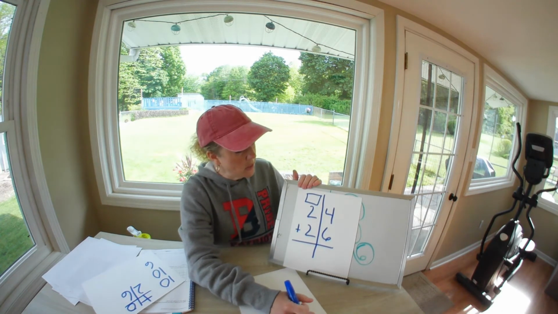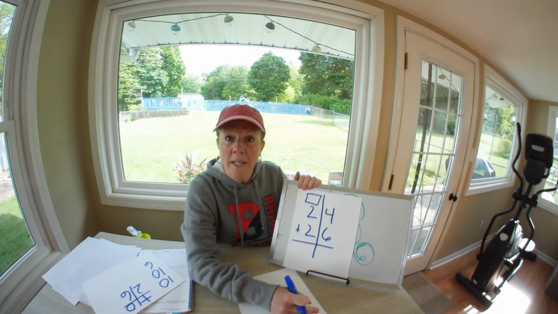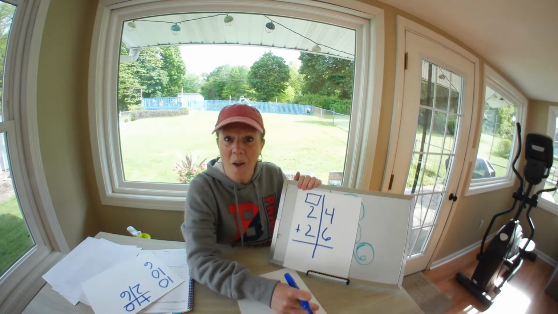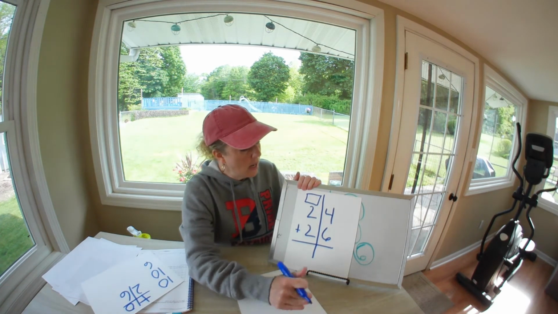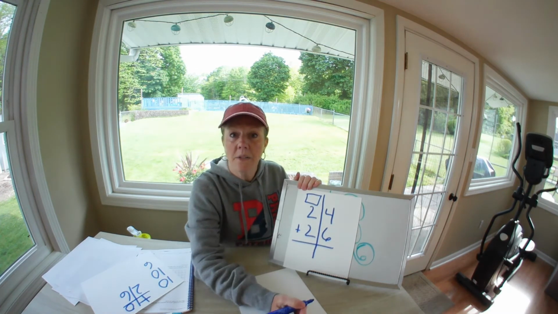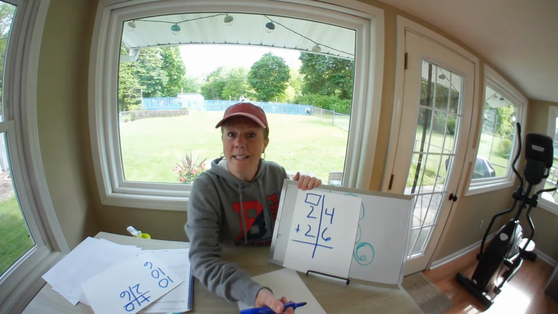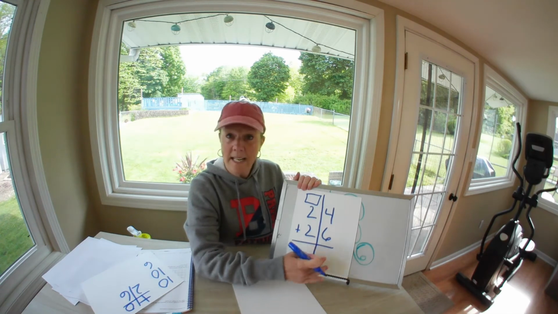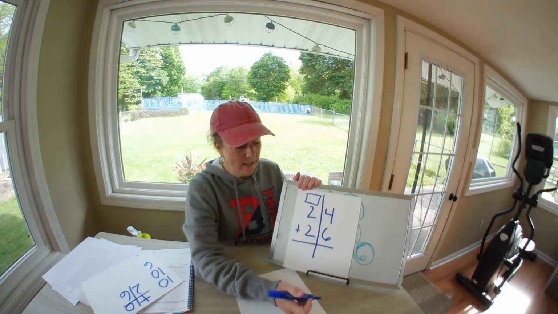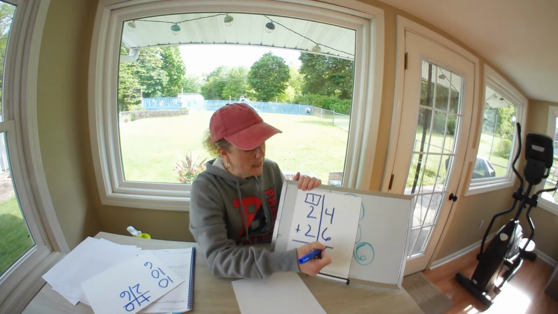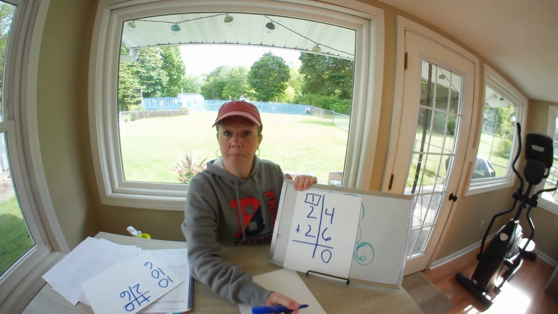Now, I'm always going to add my ones first, right? We always start with the ones. So I'm going to say 4 plus 6 or 6 plus 4 is 10. So can I write 10 down here? No, I can't. I have to write 10, my 1 ten and 0 ones.